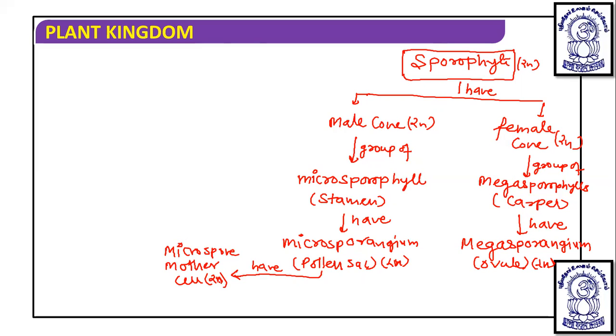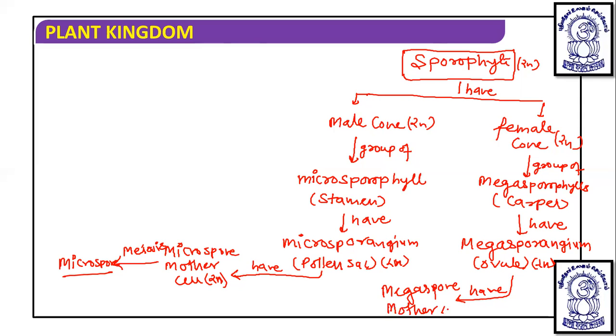It undergoes meiosis and produces microspores. And the megasporangium has a megaspore mother cell, and the megaspore mother cell is diploid.